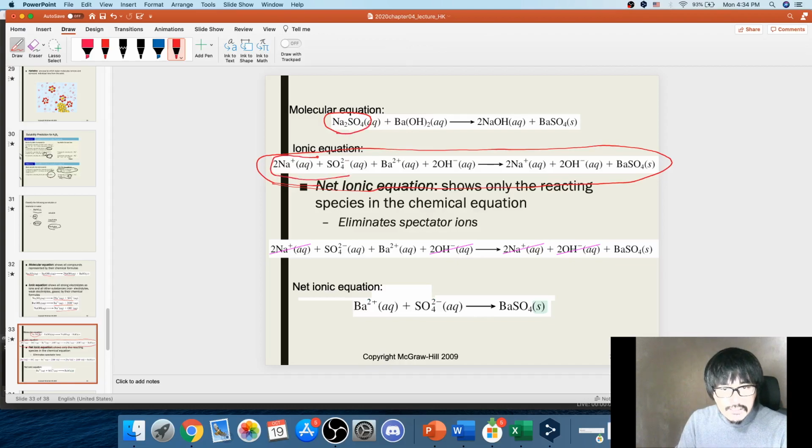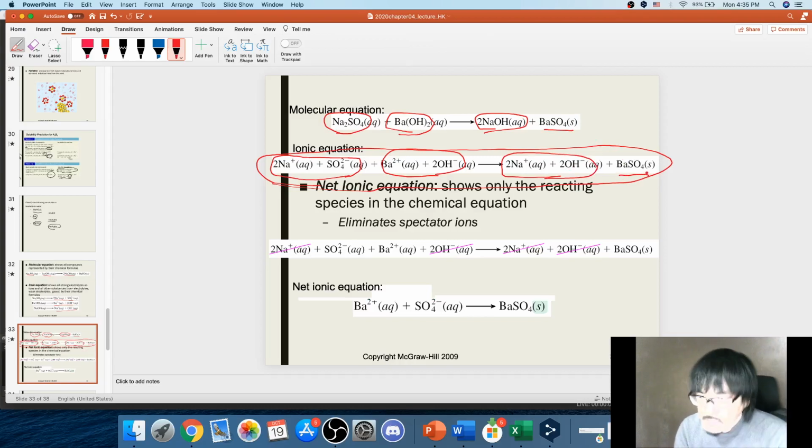Na2SO4 is these guys, BaOH2 is those guys, and NaOH is those guys, and you have 2 of those. And then BaSO4, when it's solid, you don't do anything, just keep it like this. Now I'm going to cancel the stuff that's happening on both sides.